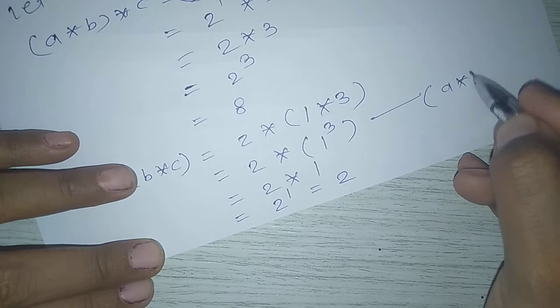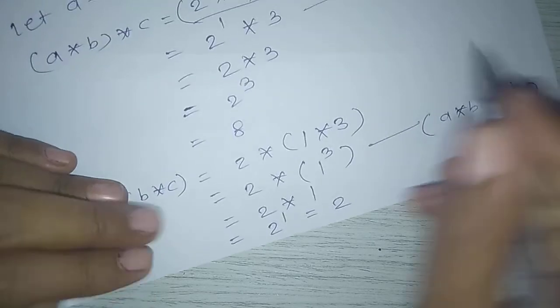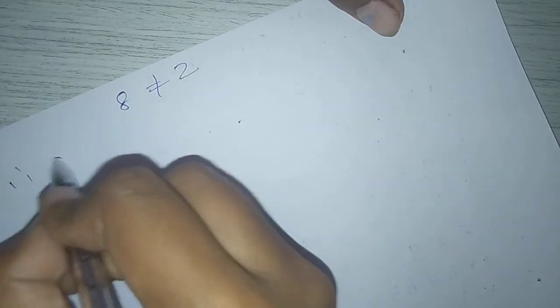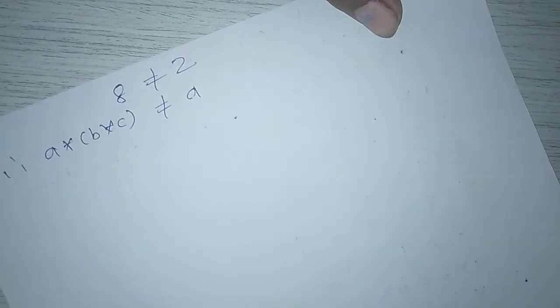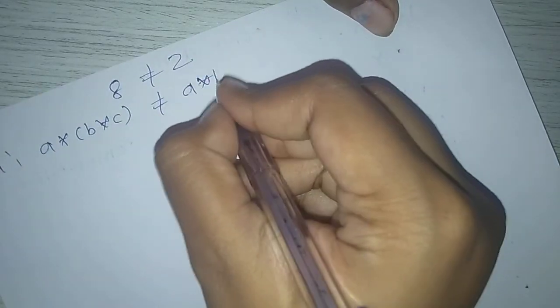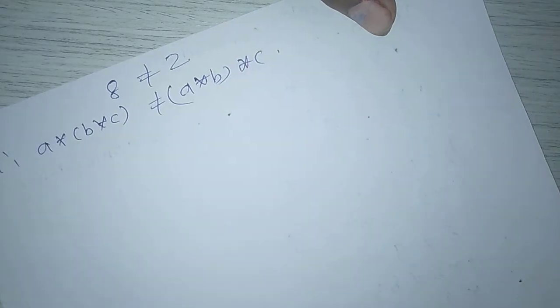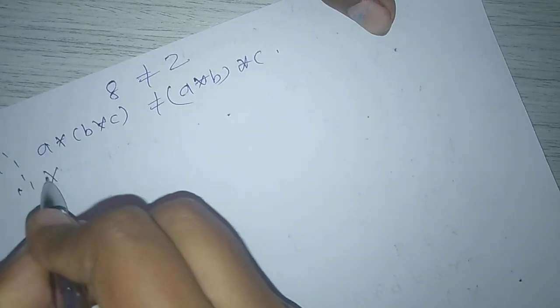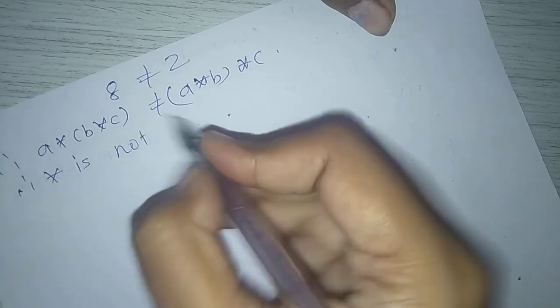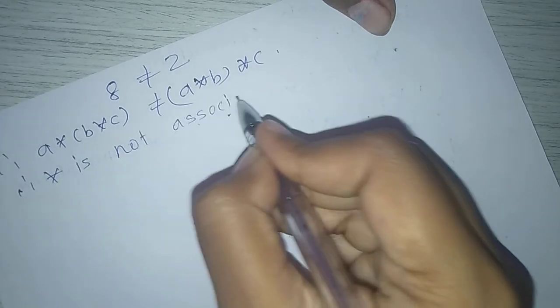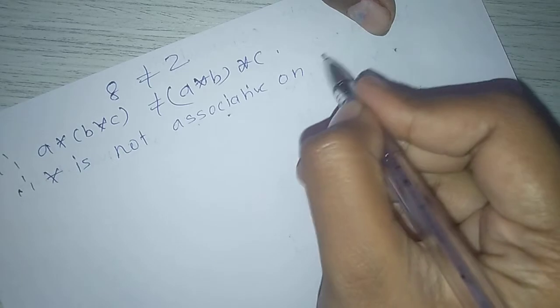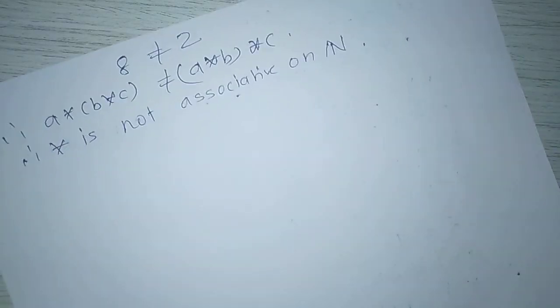By definition of A star B equal to A raised to B. Here we get 8 and here we get 2, but 8 is not equal to 2, therefore A star of B star C is not equal to A star B star C. Therefore, star is not associative on the set of natural numbers.